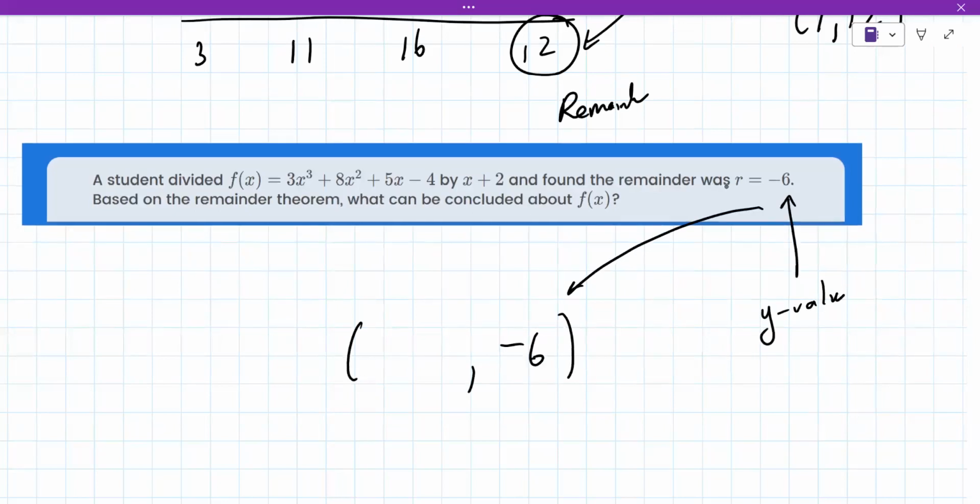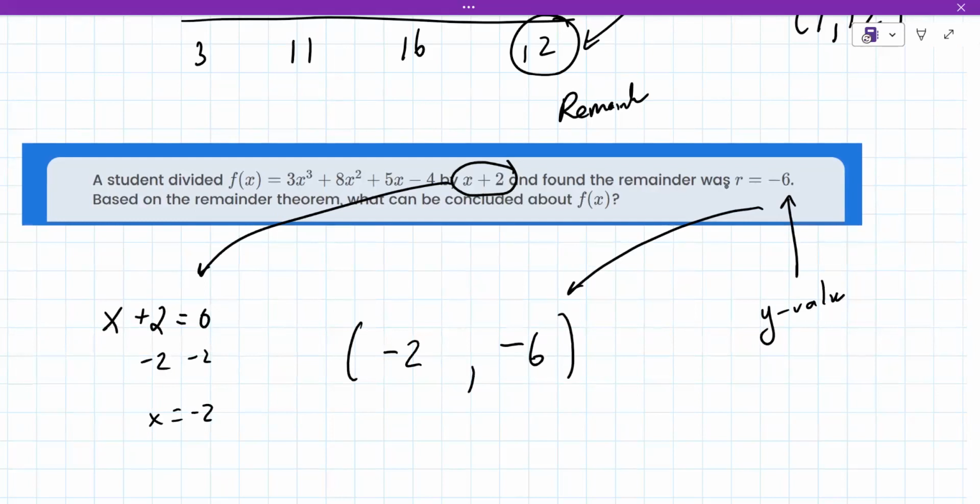The x value comes from this, and it's a little bit awkward. You actually set it equal to 0, sort of backwards. It's not 2, it's -2, because the factor and the 0 are opposites, basically. So to summarize, this point is on the graph.